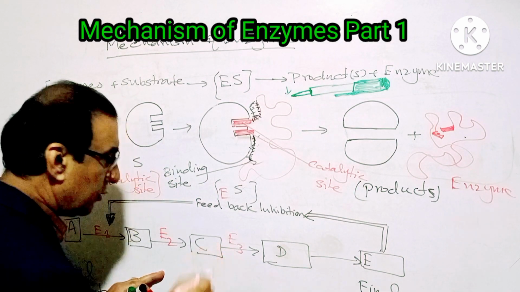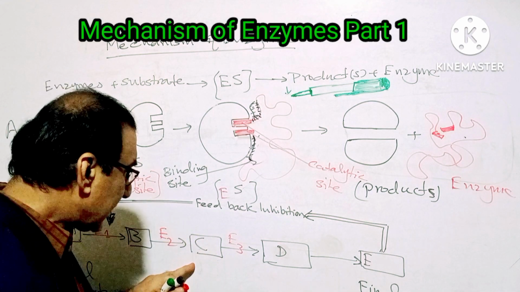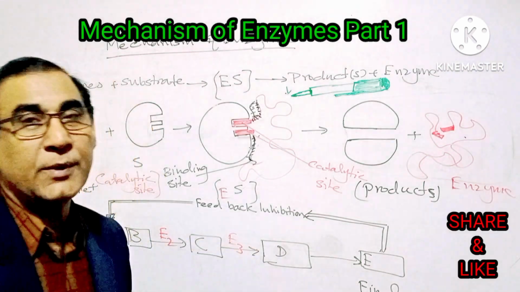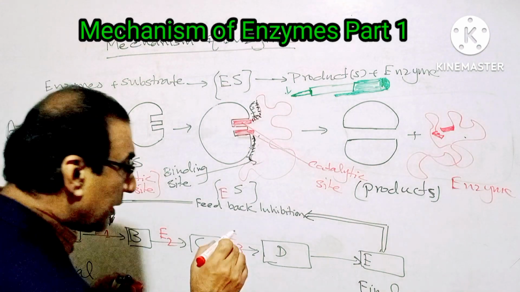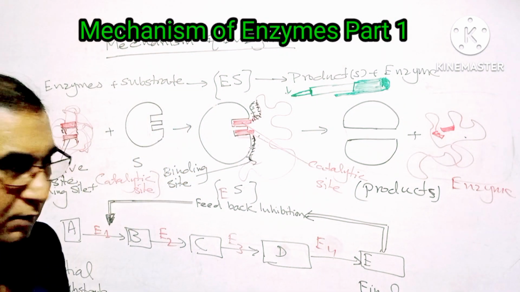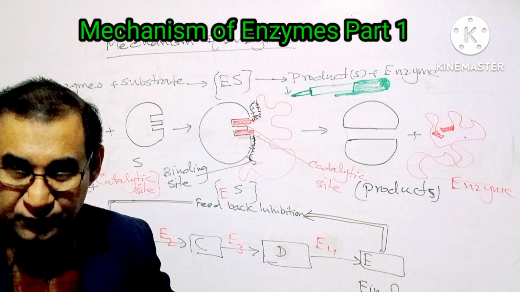You can name it enzyme 3. Enzyme 3 acts upon C and forms D, which is again an intermediate product. It is acted upon by enzyme 4, and what happens? The final product is formed.